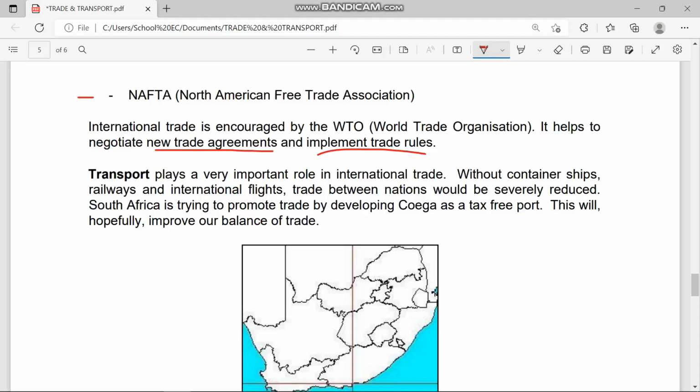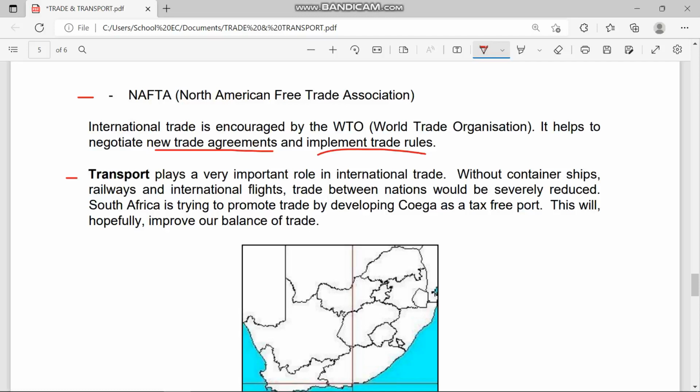So transport plays a very important role in international trade. This is whereby we use our jumbo flights to China, to Brazil, to everywhere.